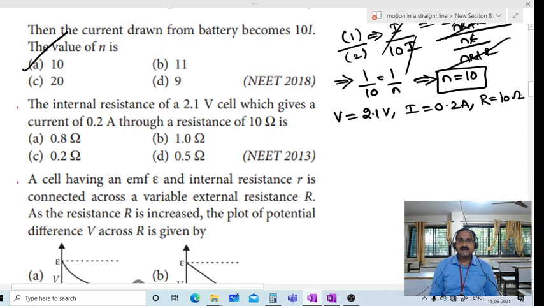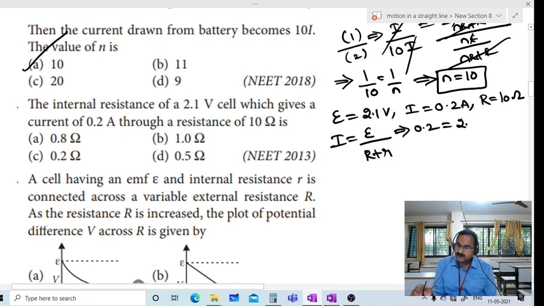So now see, according to that, what relations do we get? The relation is based on the potential difference and EMF, like I is equal to E divided by R plus r. For the cell, here we have to observe the EMF symbol. I is equal to total EMF by total resistance. So 0.2 is equal to 2.1 divided by 10 plus r only.